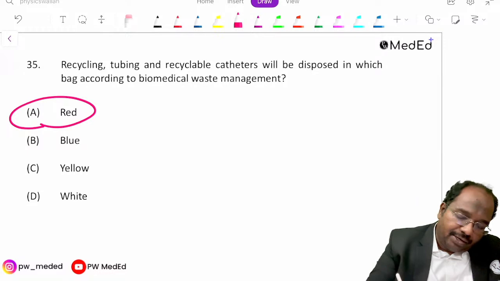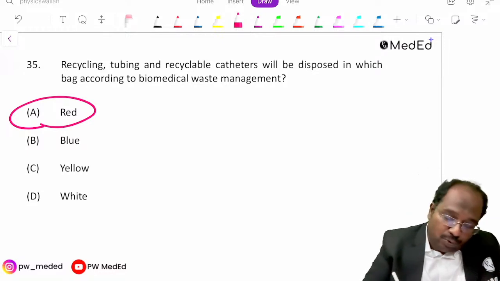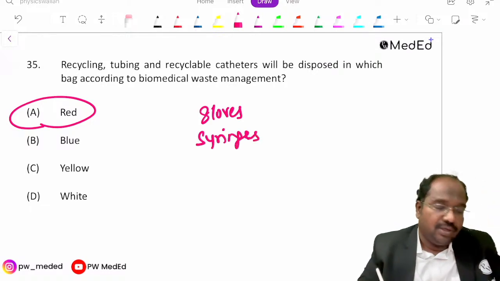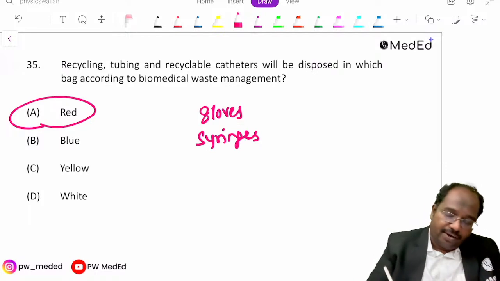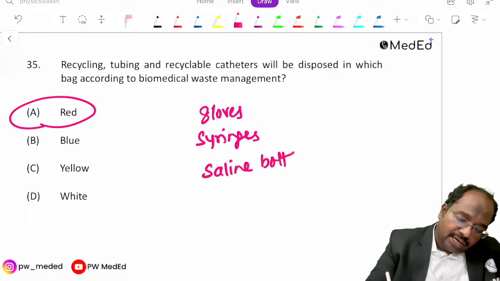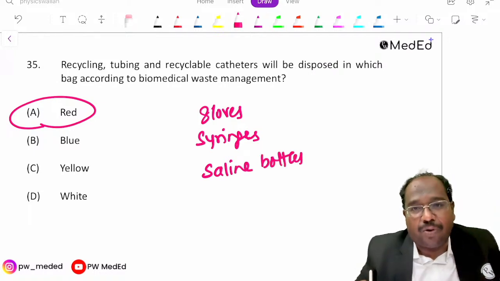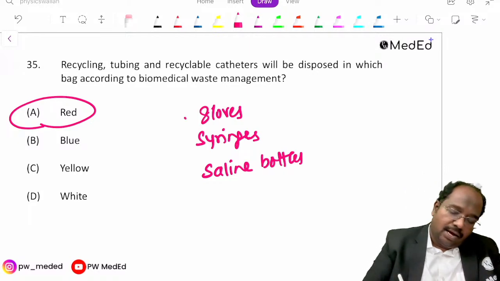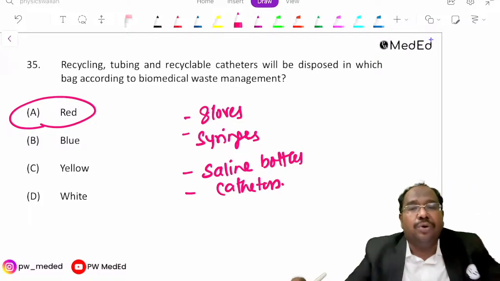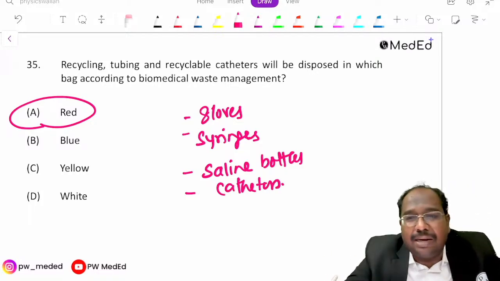Gloves, recently asked, syringes, saline bottles. All these things should go to the red color bin, guys. These are recyclable waste.